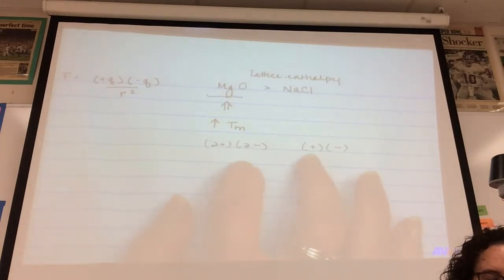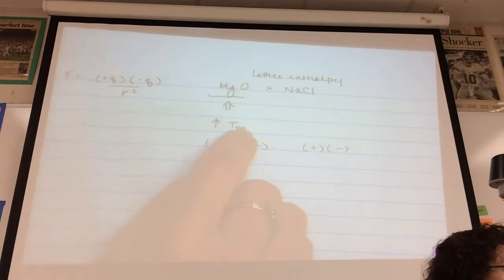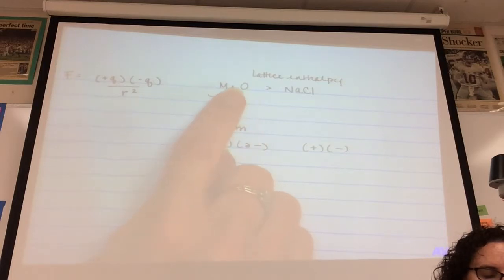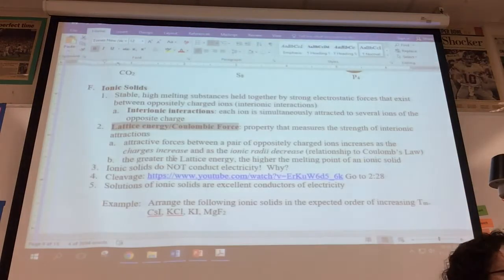And you can see that comparison here. So the greater the lattice enthalpy, the greater the melting point, because the interionic interactions will be greater with greater lattice enthalpy. And that's the key here, and that's written out here as well. As the charges increase, you're going to get greater lattice enthalpy. As the radius decreases, you'll get greater lattice enthalpy and a higher melting point.